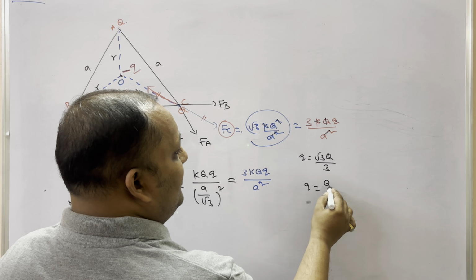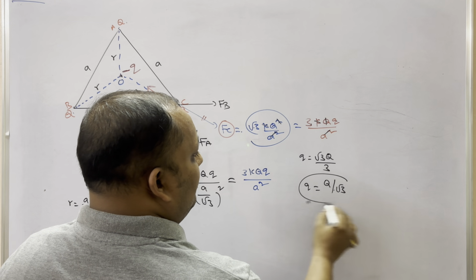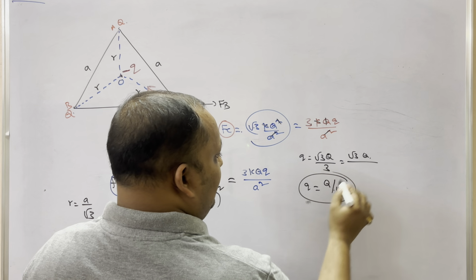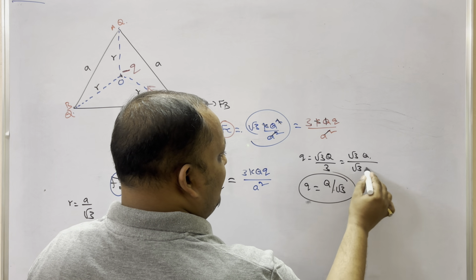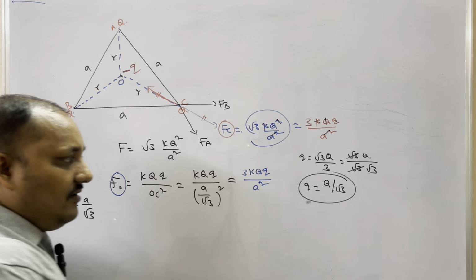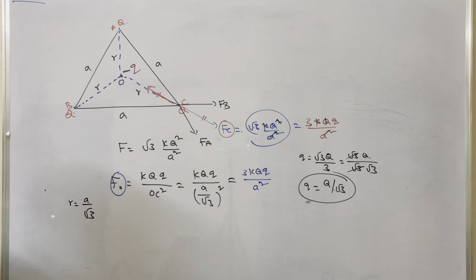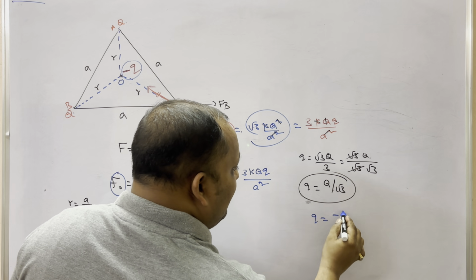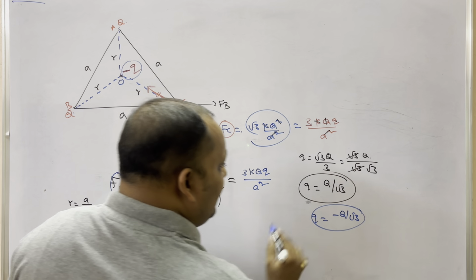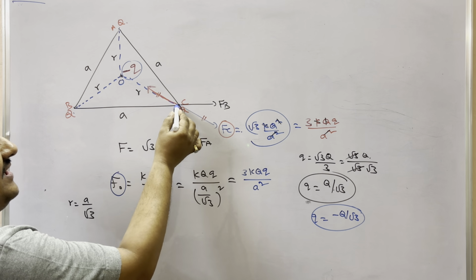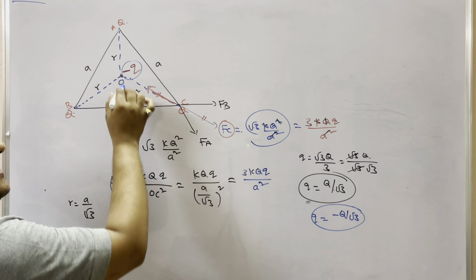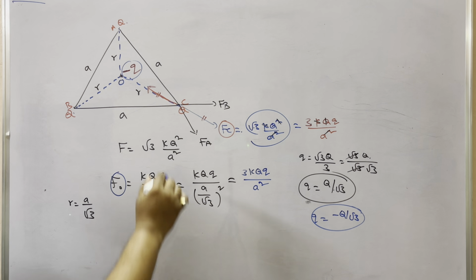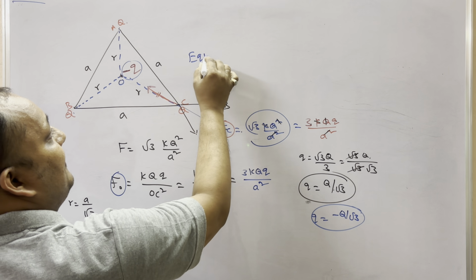Therefore, small q is going to be Q by root 3. How did you get root 3 here? 3 can be written as root 3 into root 3. So, will this charge be negative or positive? This charge will be negative. Therefore, q is equal to minus Q by root 3. If you place minus Q by root 3, then only it will be attractive. Otherwise, if you place plus Q by root 3, it is going to be repulsive. This is the condition for equilibrium.